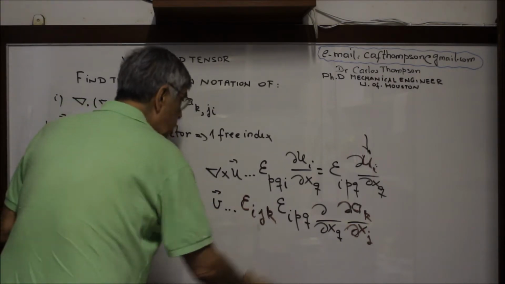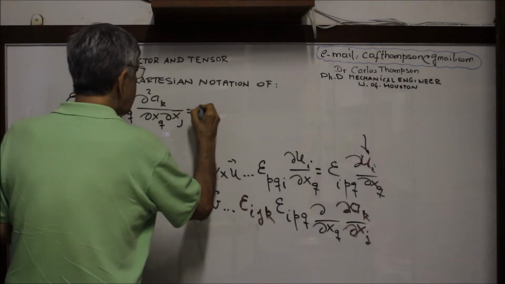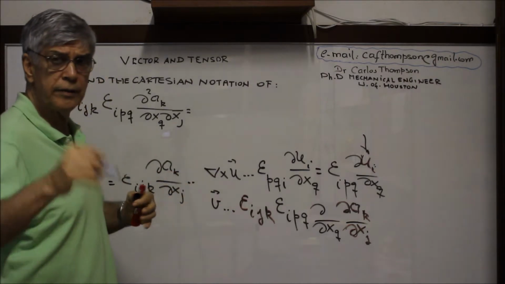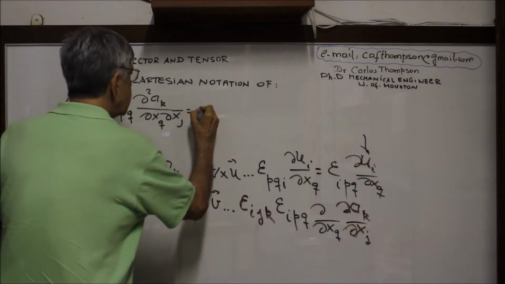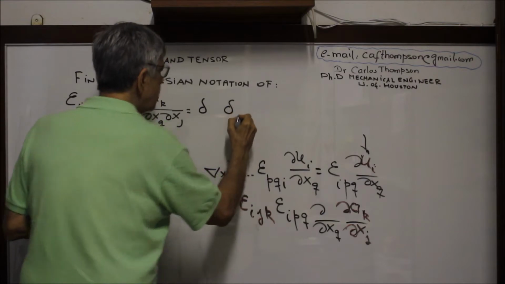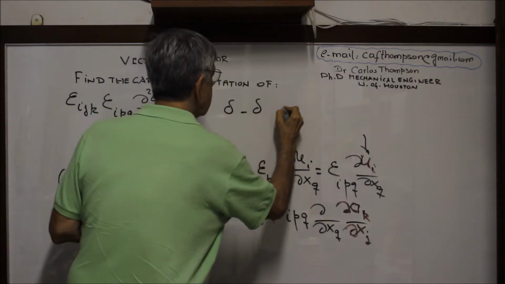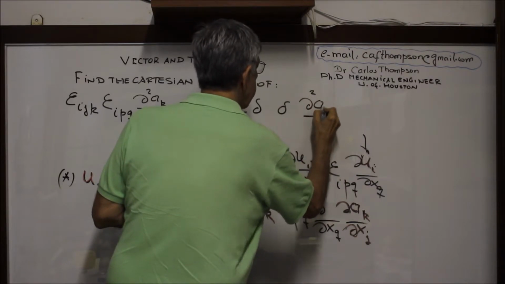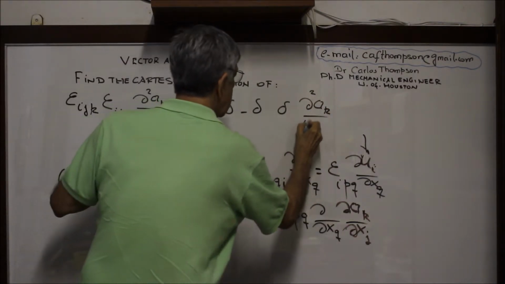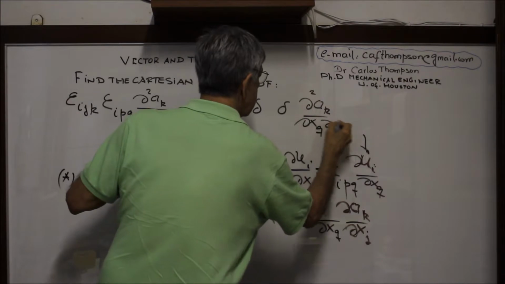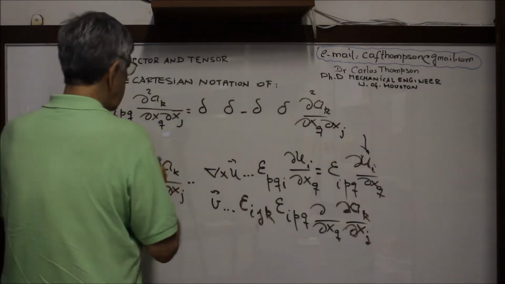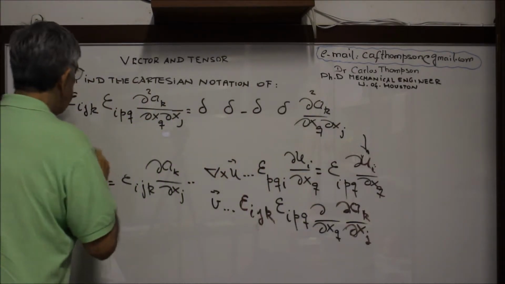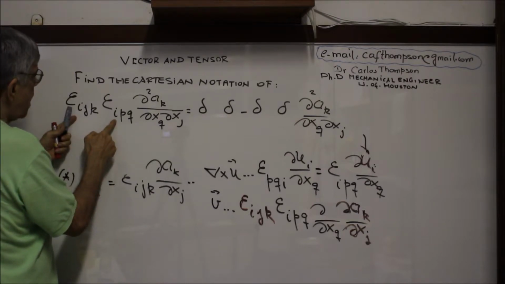Now let's use that property. As I said before in other videos, other lectures, you just put delta, delta minus delta, delta. Now here, A k, x k, x j. See, now, this is i, this is i.